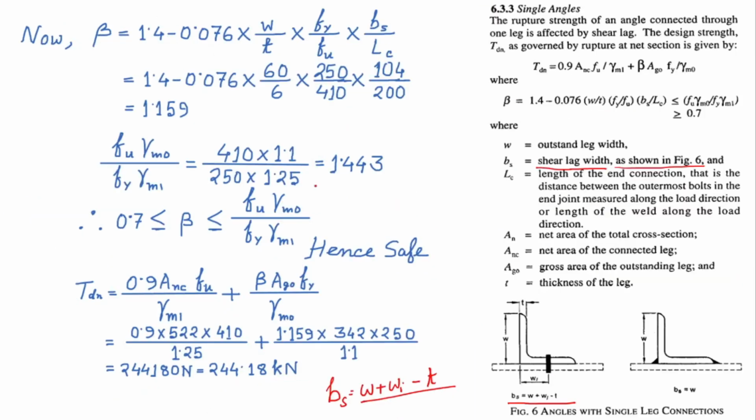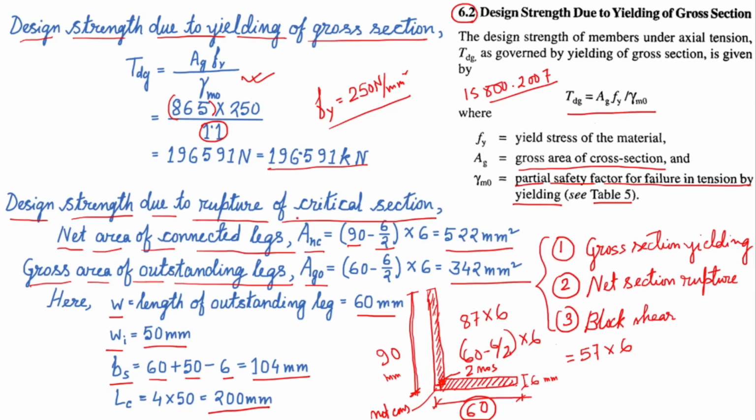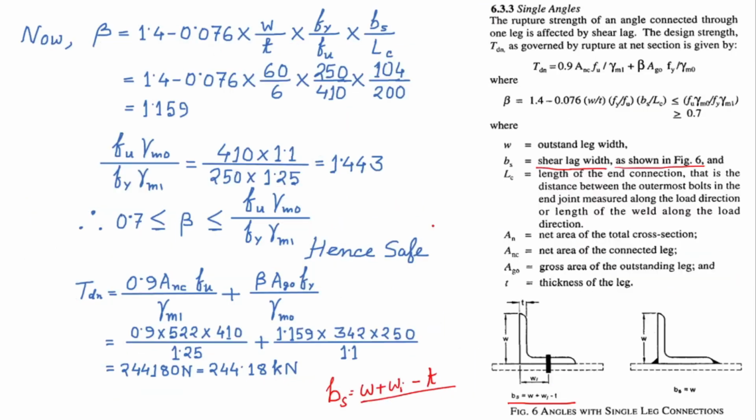Then we have to calculate beta. See, to calculate the value of design strength due to rupture of critical section, we have to follow the clause number 6.3.3 for single angle. So you have to remember the clause number where the formula of TDN is given, and before using the formula we have calculated A and C. We have calculated A, Z naught, and now we are going to calculate beta.